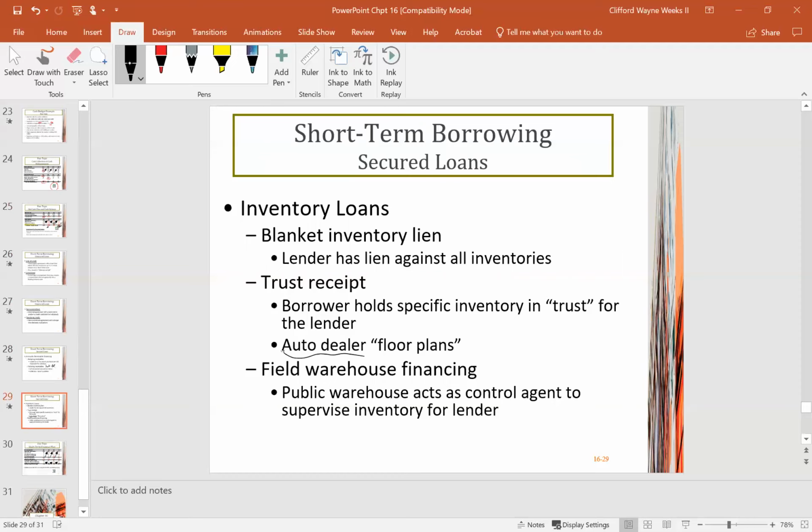And field warehouse financing: everything that's in the warehouse is used as collateral to secure those loans. Secured loans lead to lower interest because they're backed with something. Unsecured loans have higher interest.